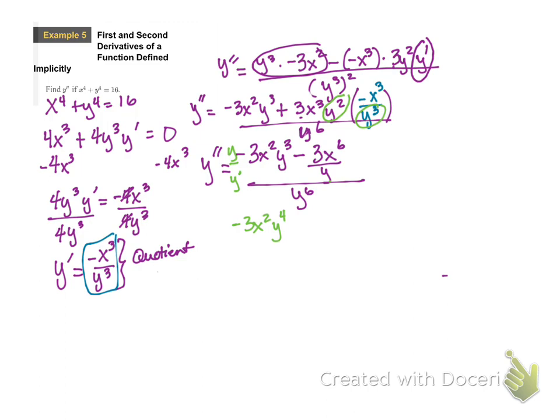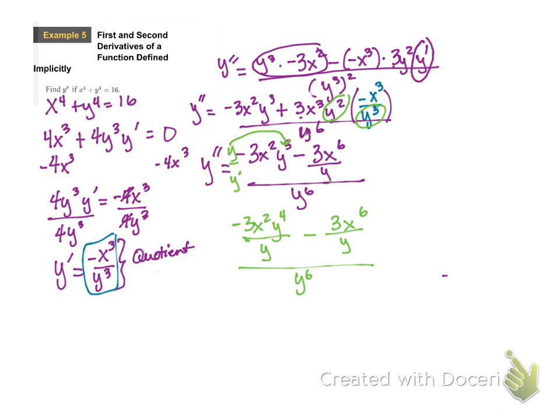When I multiply this y cubed by this y, I get y to the fourth. All over y, minus 3x to the sixth over y, all over y to the sixth.